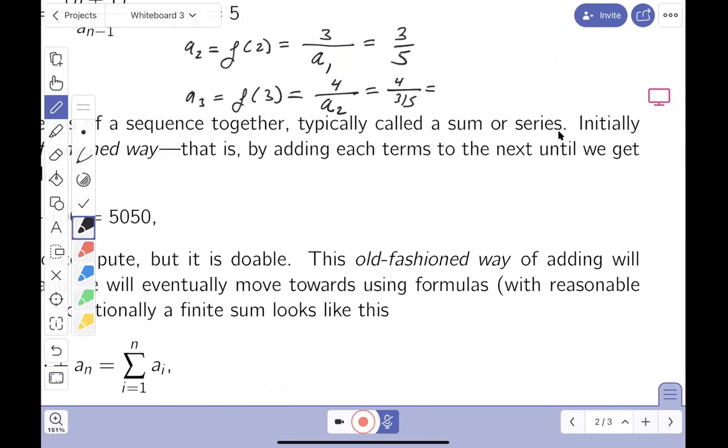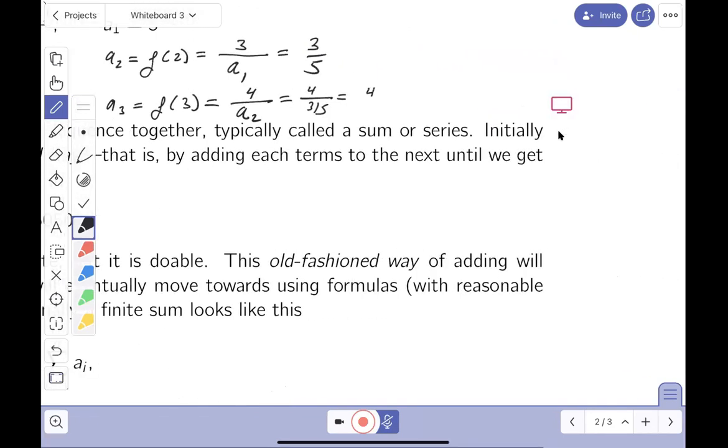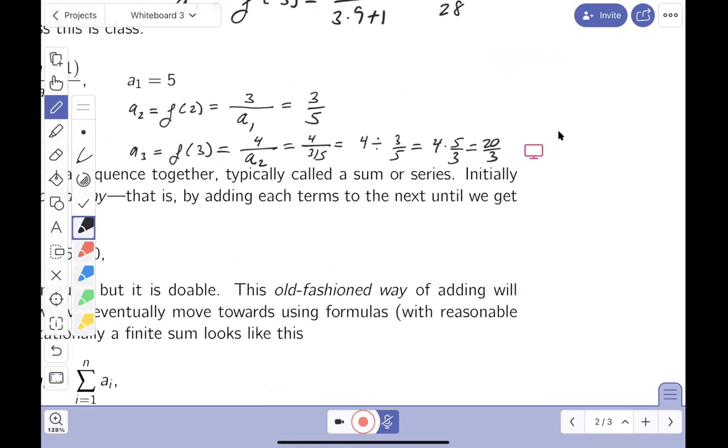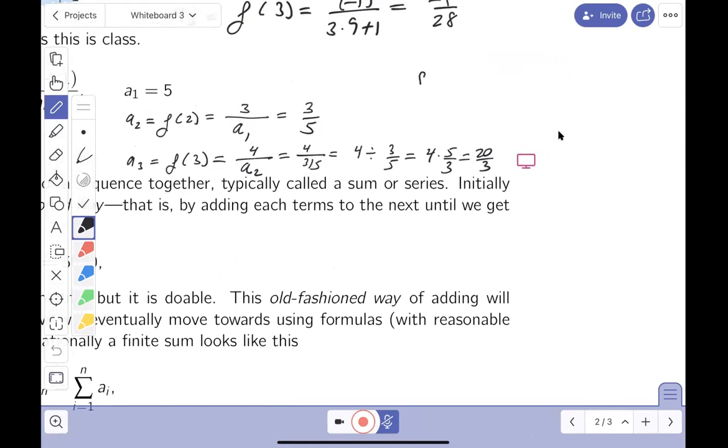That would be 4 divided by 3/5, which is 4 times 5/3, which is 20/3. Again, we'll do other examples. I was going to write the sequence down for you. The sequence is 5. The next is going to be 3/5. The next is going to be 20/3.